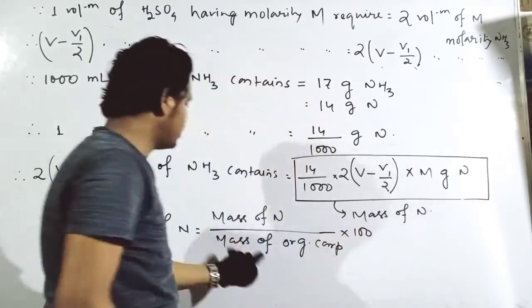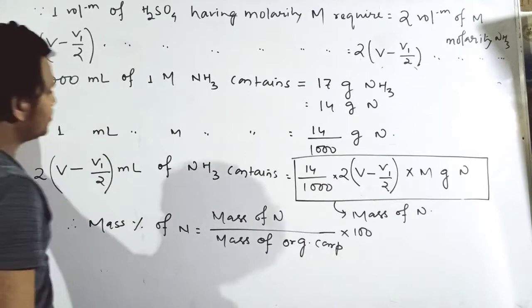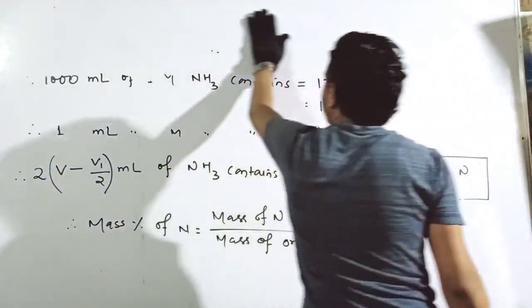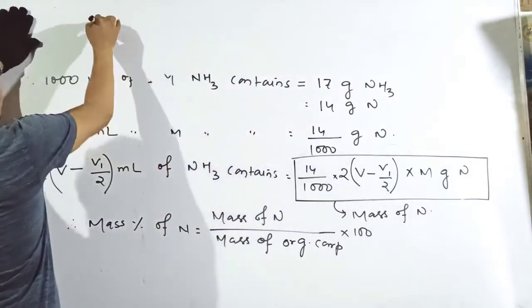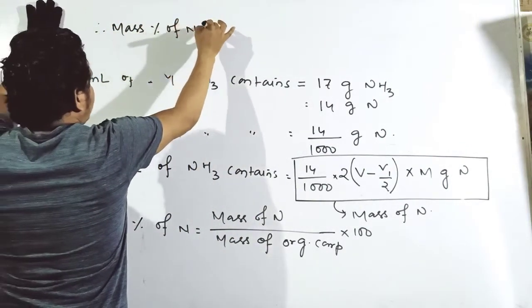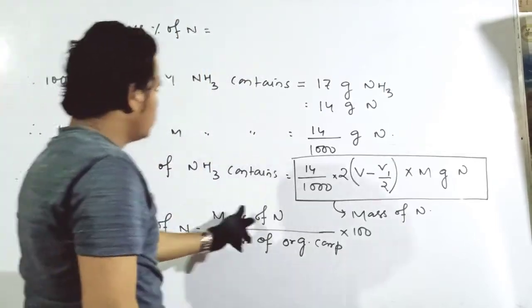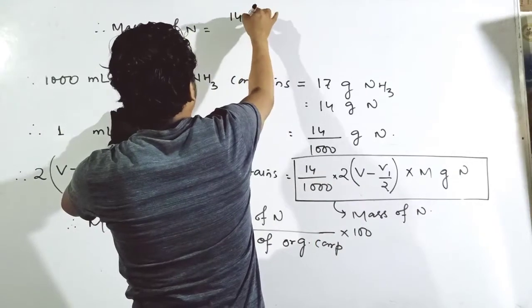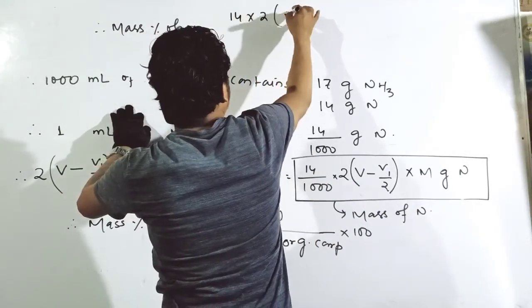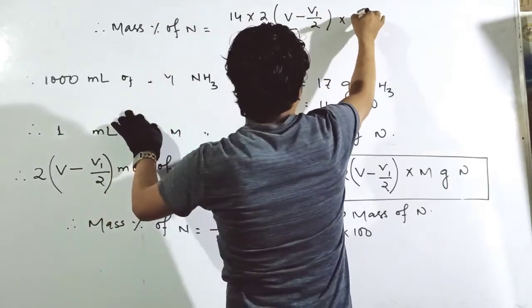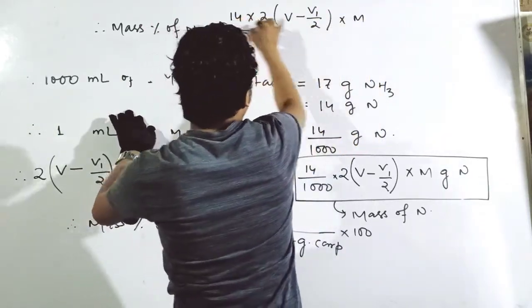Now give it in the formula, check it. Therefore the mass percentage of nitrogen will be equal to, mass of nitrogen is this one, so 14 into 2 into V minus V1 by 2 into molarity M divided by 1000.